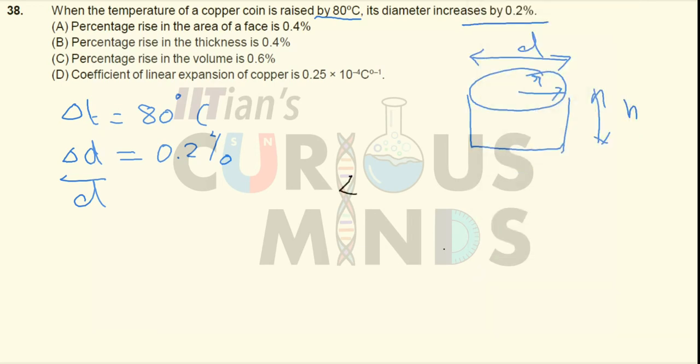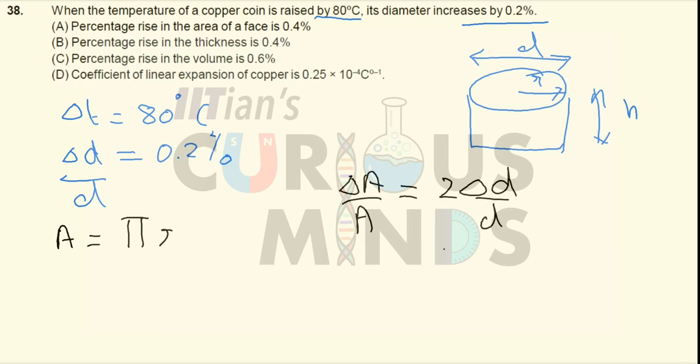Now delta A by A will be equal to 2 times delta D by D. This equation is obtained by the formula. If I take the entire surface area, it will be equal to 2 pi rl.